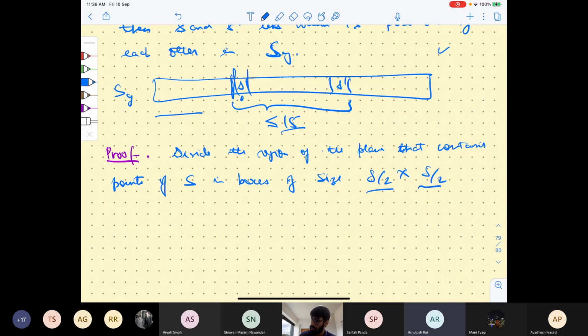This is the length, this is the width, and like 4 boxes lying horizontally in a line at a time.